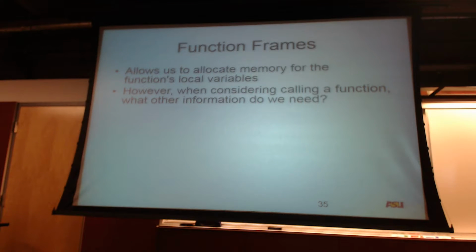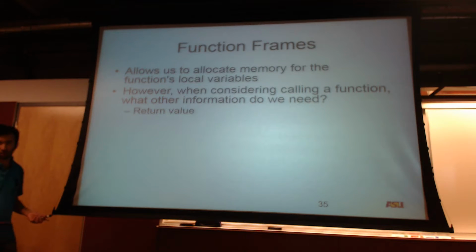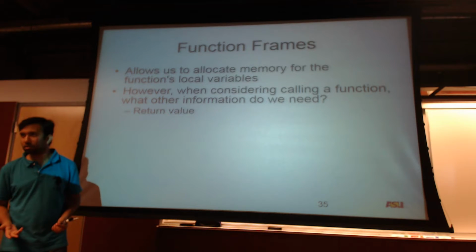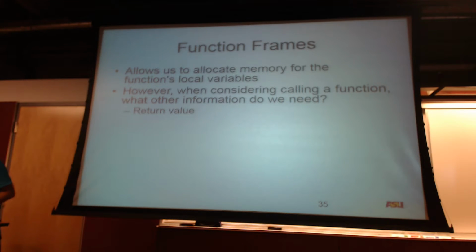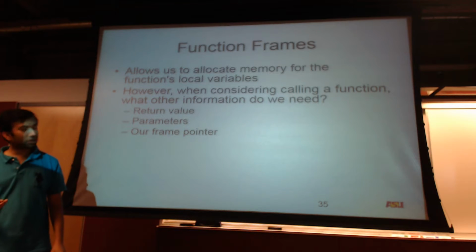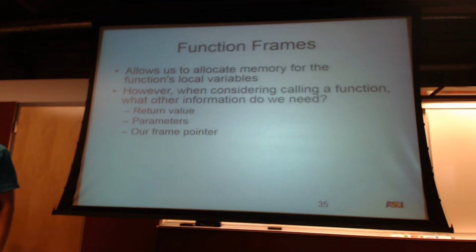So when considering calling a function, we need several other pieces of information. We need the return value. A particular function may or may not have a return value. But if it has a return value, where will you store it? Right? Then it has the actual parameters, frame pointers. Frame pointers are very important. What is a frame pointer? A frame pointer says where one function's frame starts and the other function's frame ends.